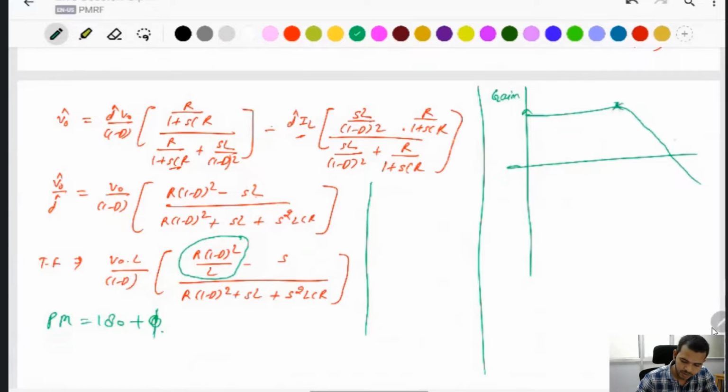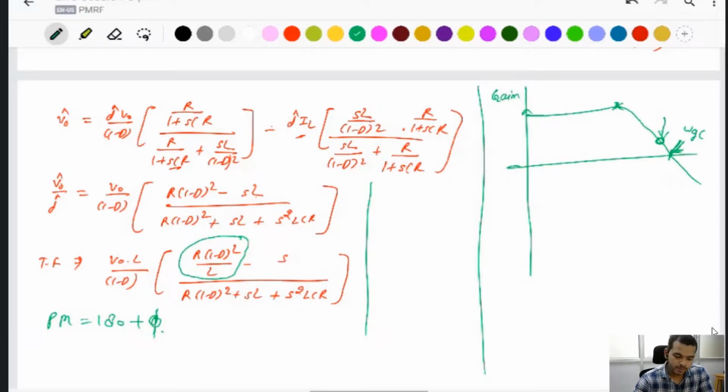This one is the pole, this one is the zero. We should use this as the gain crossover. This one is the gain crossover frequency omega GC. If the zero is inside the omega GC, it is a dominating factor in the transfer function.